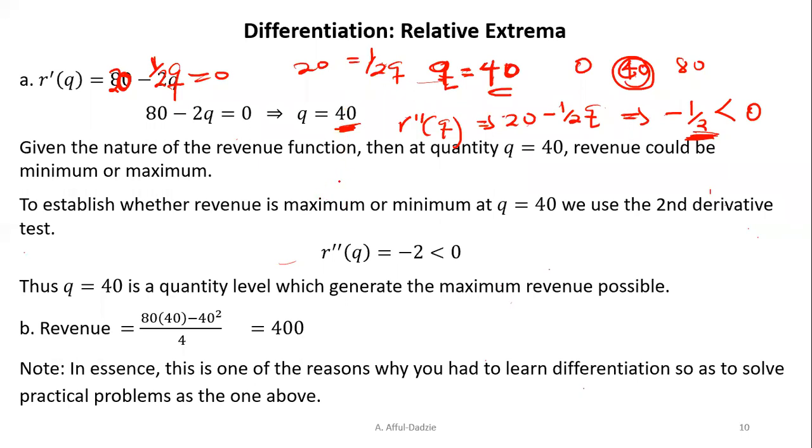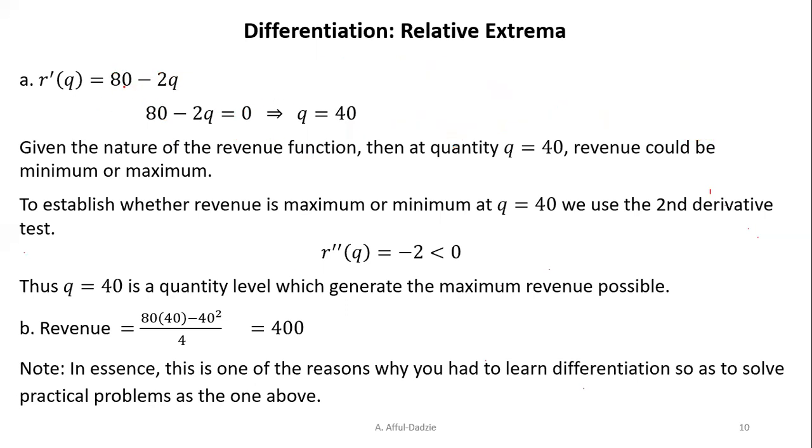You take the second derivative of the function. So let me write the correct one. 20 minus 1 over 2q. This is the first derivative, which is r prime of q. Having taken this and solved for q, the next thing we do is differentiate this function again.